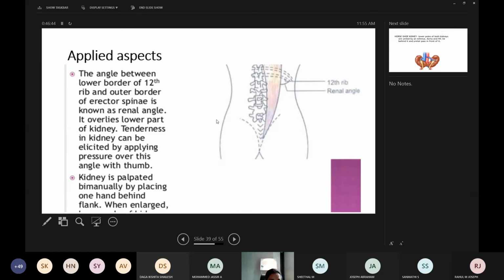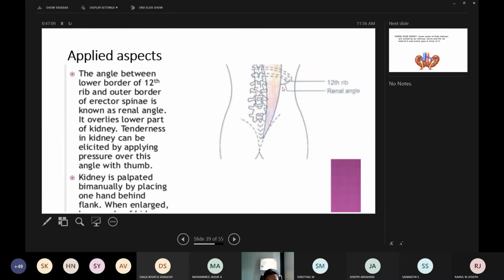The renal angle is the angle between the 12th rib and the lateral border of the erector spinae. If we press in this angle, the patient may feel tenderness, in case of renal stones or any stretching pain related to the kidney.